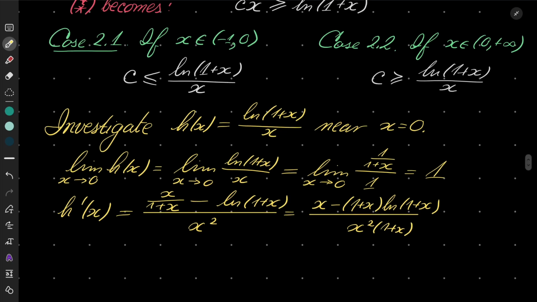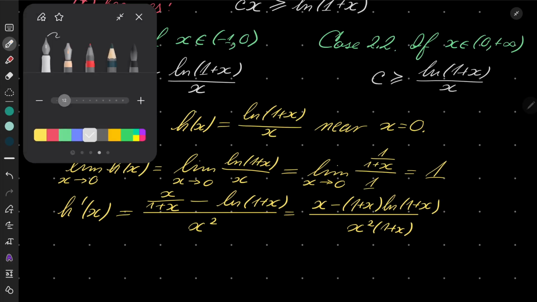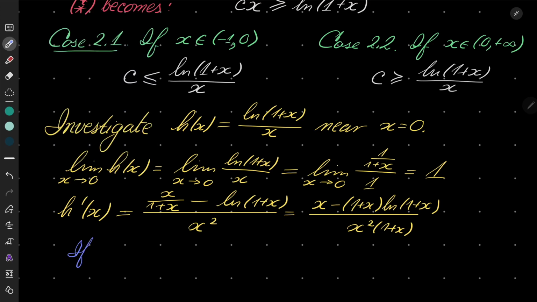And let's take a look. If x is between -1 and 0, well, the denominator is always positive, so nothing special here. But let's take a look at the numerator.